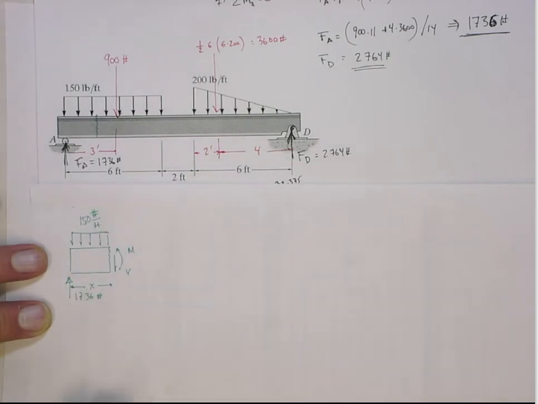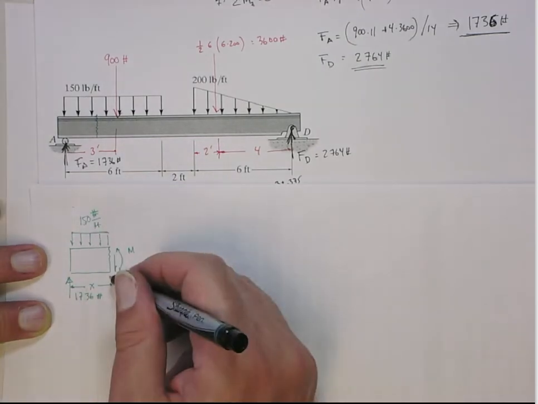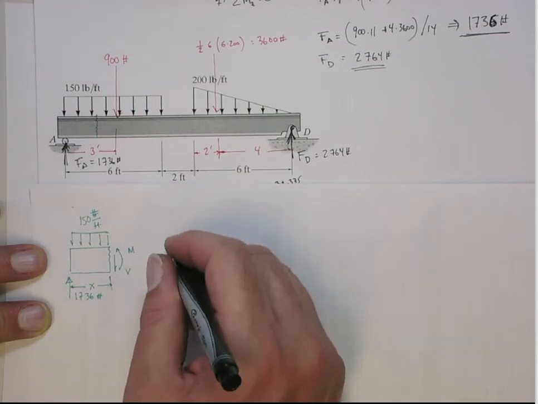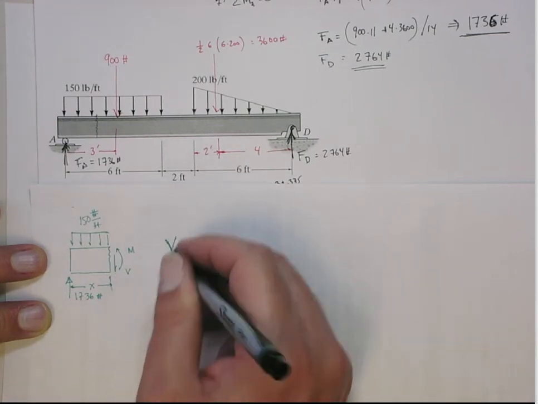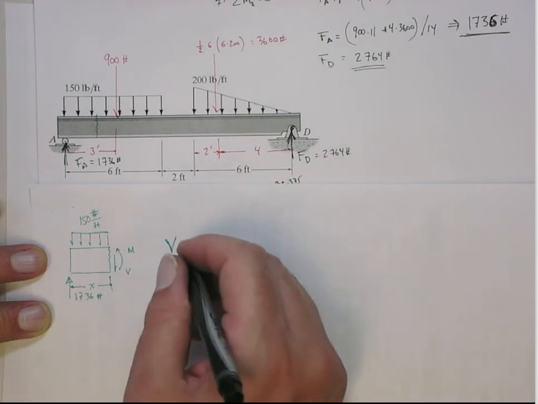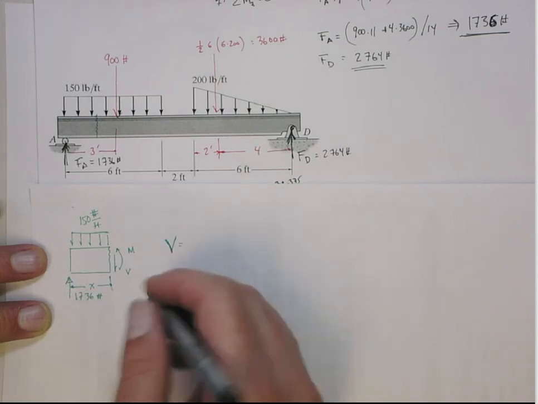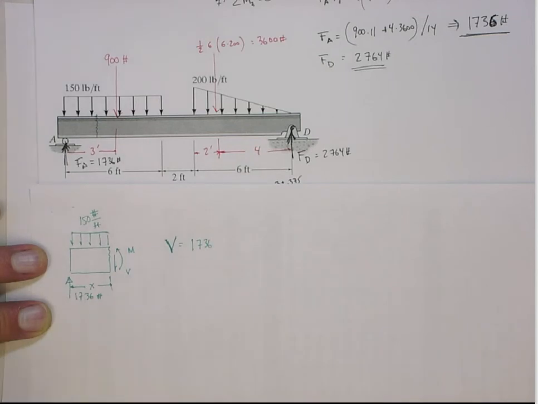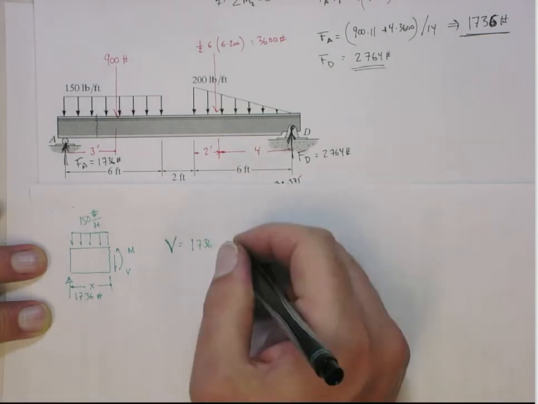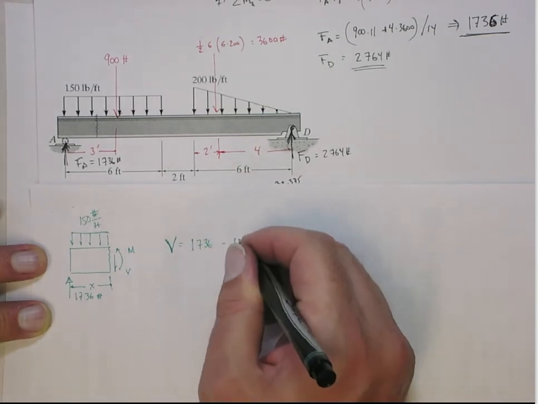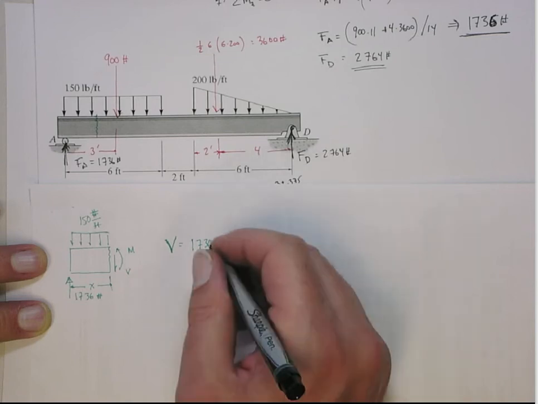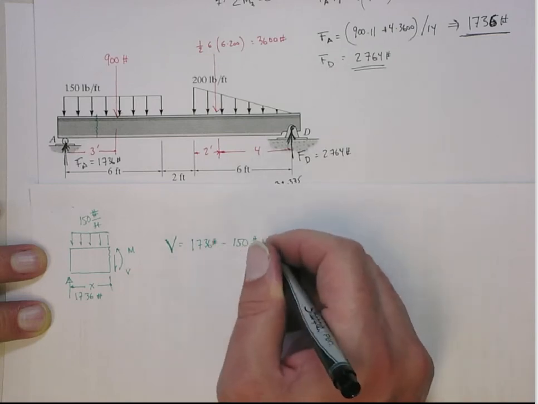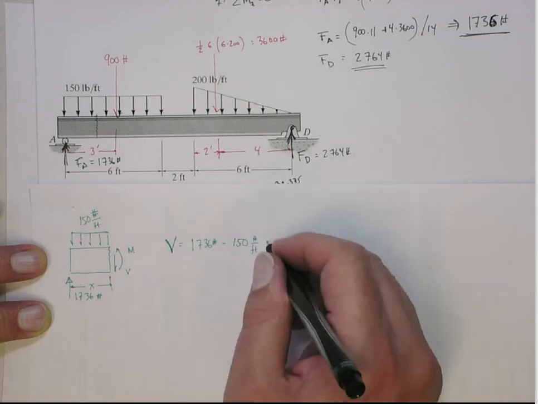All right, so if x is in feet, now this gives me the fact that V is equal to 1,736 minus 150 pounds per foot times x.